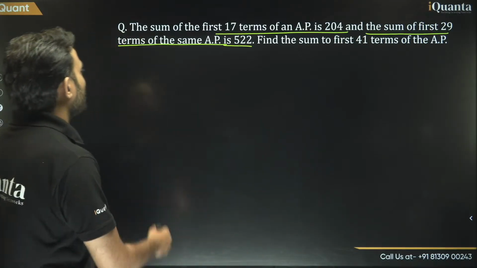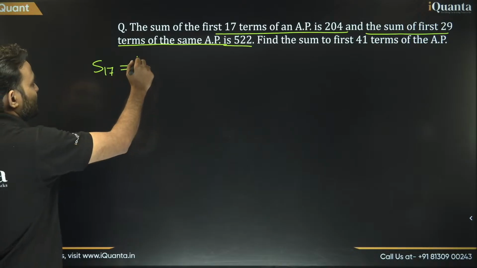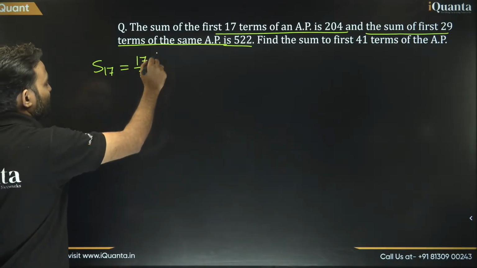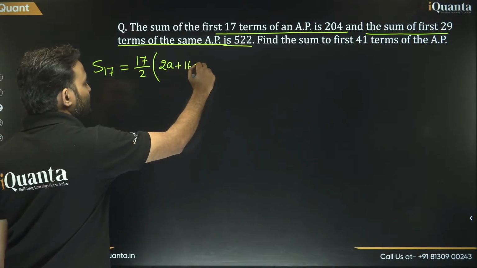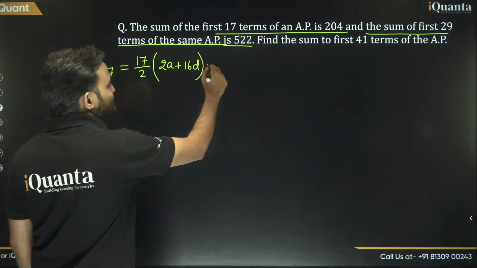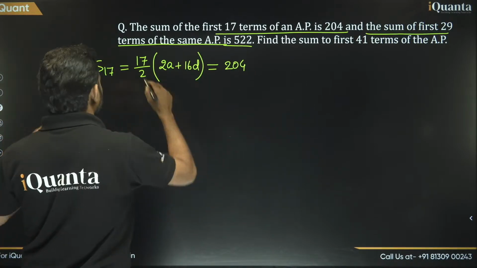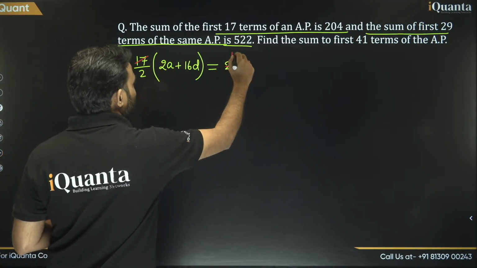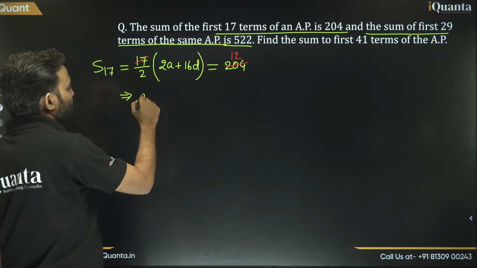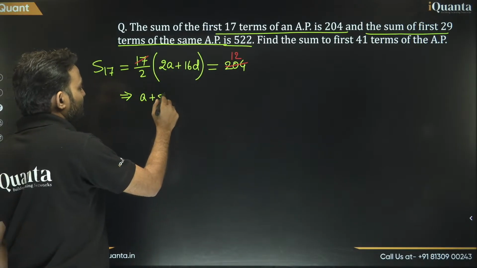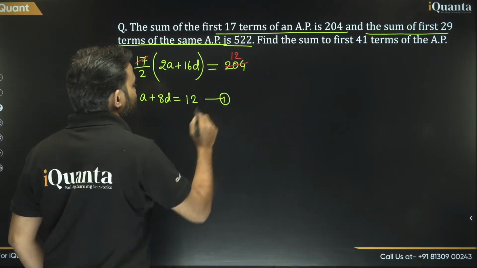Look, the sum of the first 17 terms is equal to 17 by 2 into (2A plus 16D), and that is given, which is equal to 204. So we can cancel out this 17 into 12. From there we get A plus 8D is equal to 12. This is our first equation.